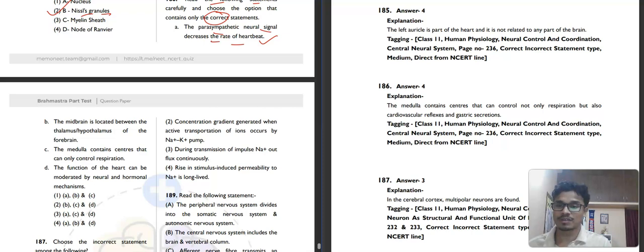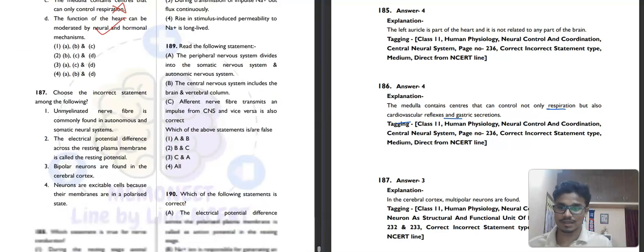Then the midbrain is located between the thalamus, hypothalamus of the forebrain, correct. Then the medulla consists of a center that only controls respiration. No, the medulla consists of centers that not only control respiration but also cardiovascular reflexes and gastric secretion. The function of the heart can be moderated by neural and hormonal mechanisms, correct.